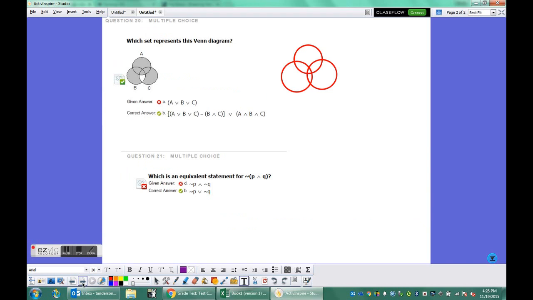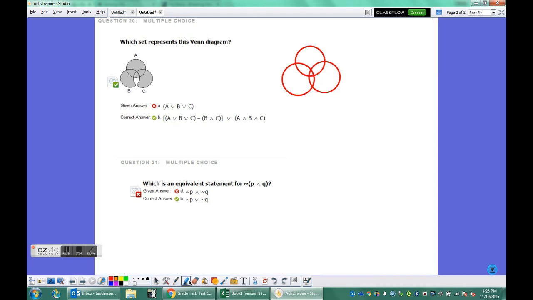For the next one, I did credit your test on this one because the original question had this symbol here mixed up. But I'm going to go ahead and explain it as well because it is usually a difficult one to look at.